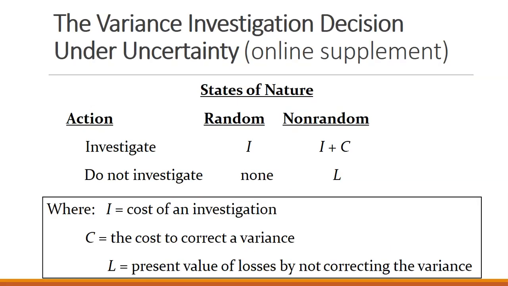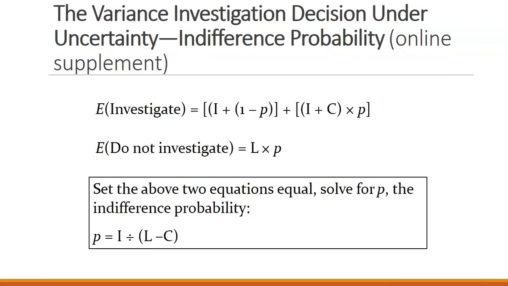If we're under uncertainty, then we need to look at the cost of an investigation and the cost to correct a variance versus the present value of losses by not correcting the variance. So in this example, we would try to decide whether or not we're going to investigate based on the time and energy it takes us to investigate and the level of what the variance looks like.